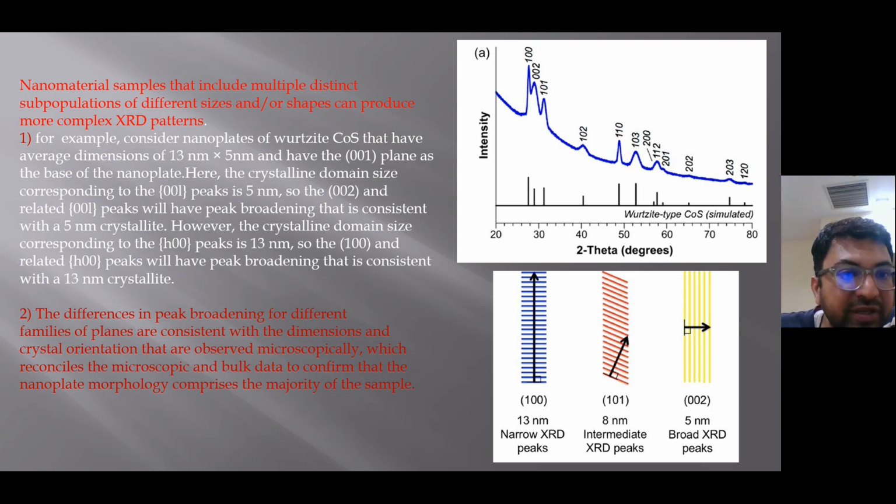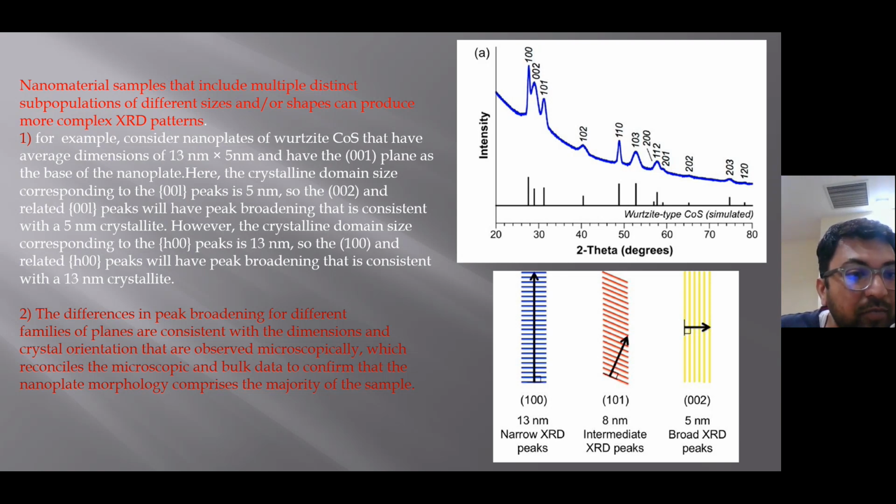For example, consider nanoplates of wurtzite that have average dimensions of 13 nanometer and 5 nanometer and have the 001 plane as the base of the nanoplate. Here the crystalline domain size corresponding to 00L peaks is 5 nanometer. So this plane corresponds to 5 nanometer, and likewise the H00 plane corresponds to the 13 nanometer diameter of that material.